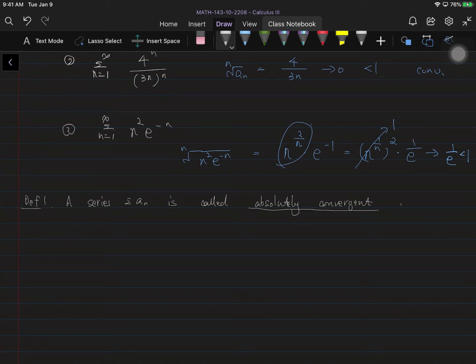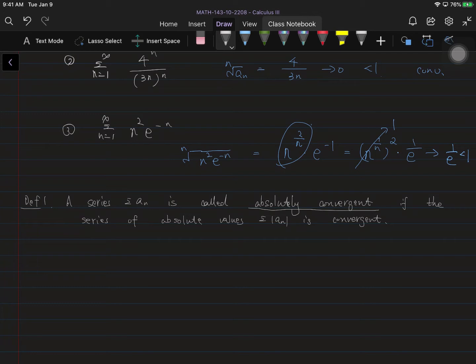If we take the absolute value of all the terms a_n and we get a new series, if the series of absolute values, we write down like this way, right? If this is convergent, we say the series is absolutely convergent.